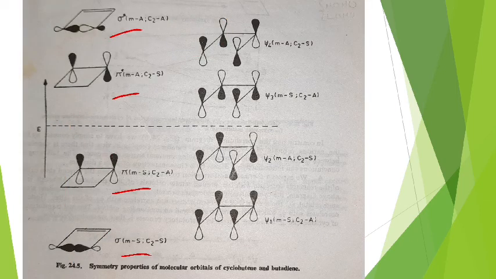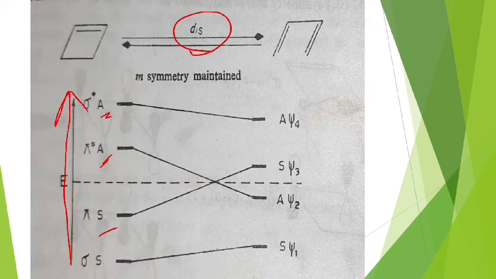Similarly, psi1 is symmetric, psi2 is antisymmetric, psi3 is symmetric, psi4 is antisymmetric with respect to mirror plane. These are represented like this.